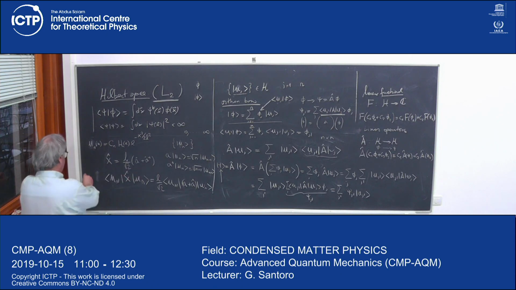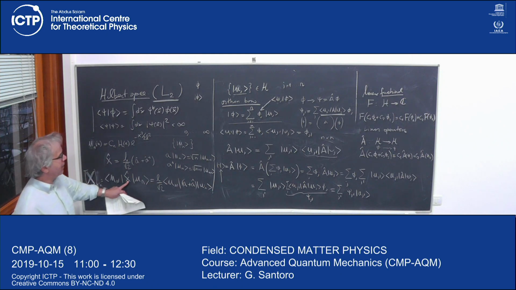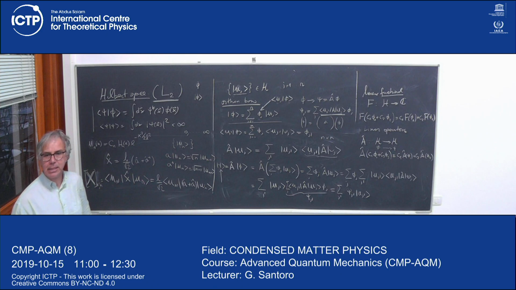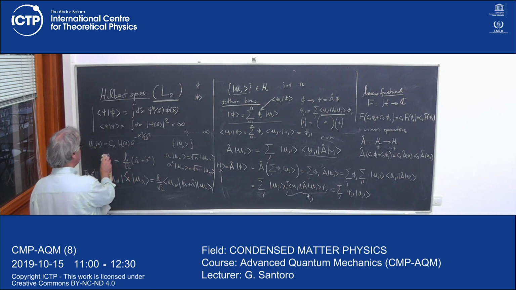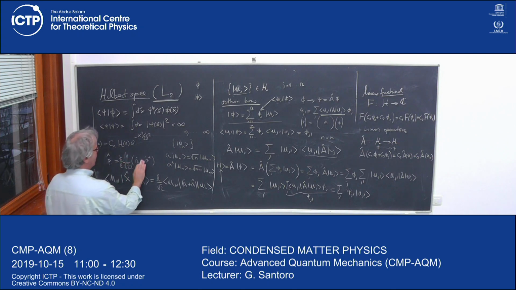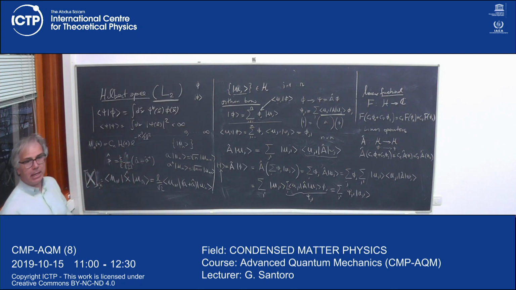So I could call it the matrix X_{n'n}, which is the matrix representing the operator x in this basis. Another operator, P, which is h bar over L, 1 over square root of 2i, a minus a dagger.